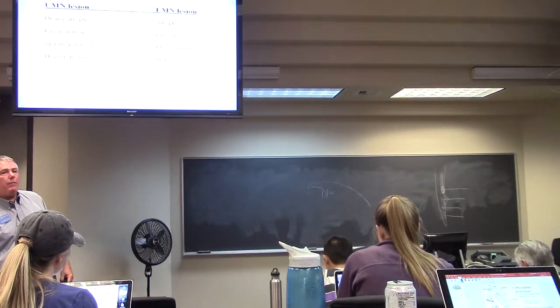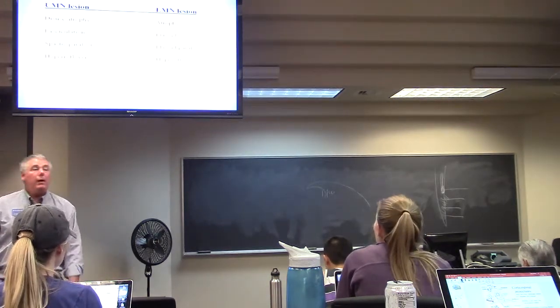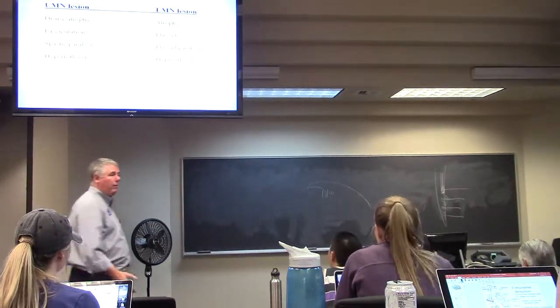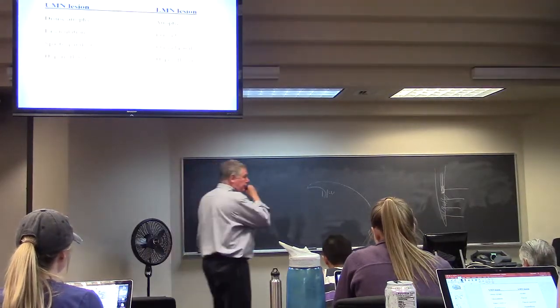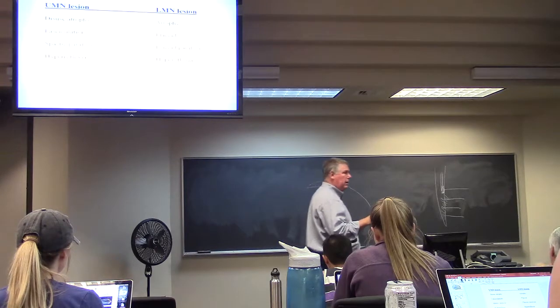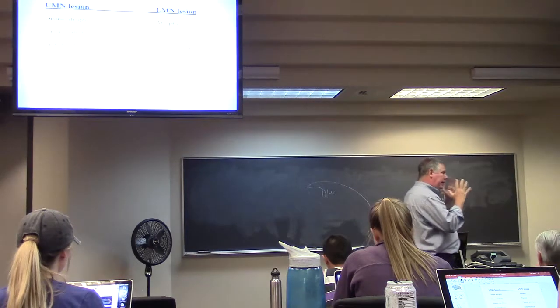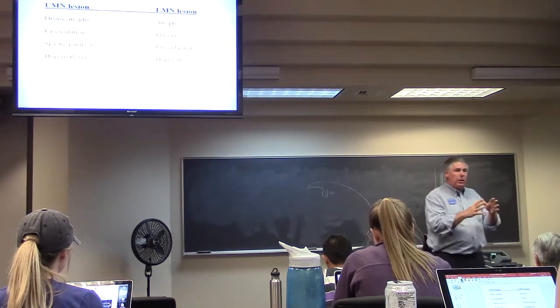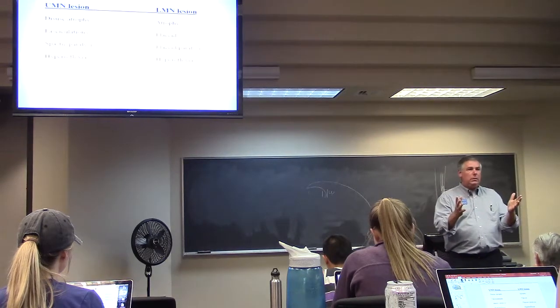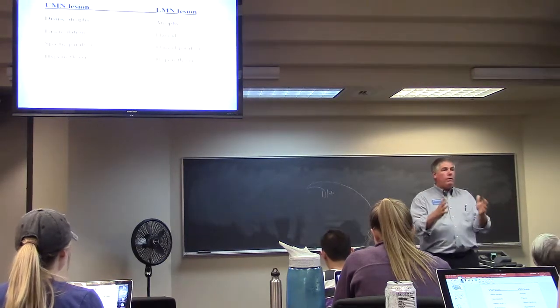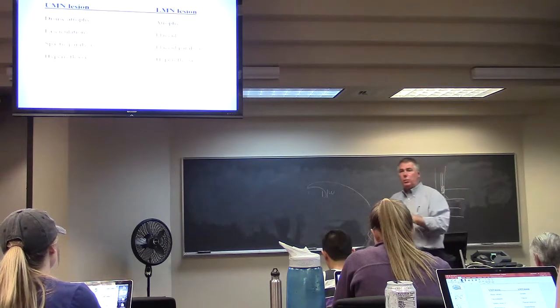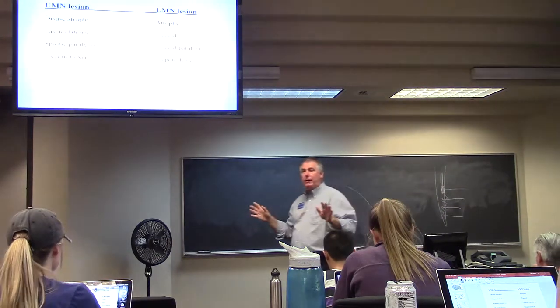Another thing about upper versus lower motor neuron lesions, hyperreflexia versus hyporeflexia, is that alpha motor neurons give the muscle cells growth factors. If you remove those growth factors, the muscle cells will wither away; they'll atrophy to nothing.